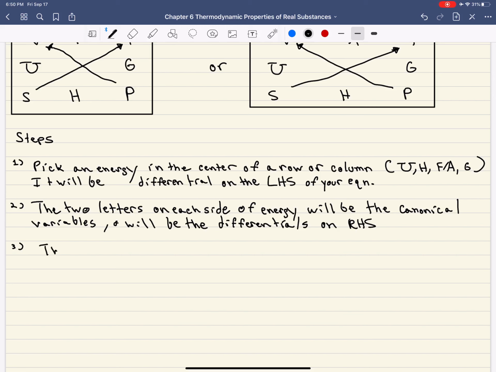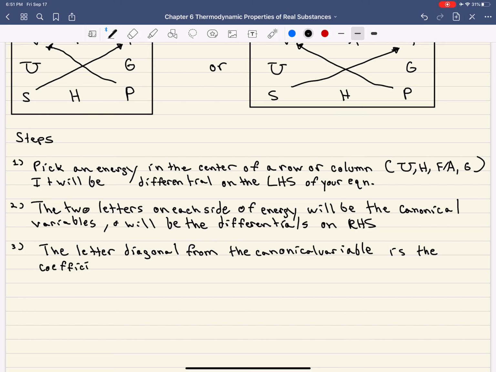Okay, the third step is the letter diagonal from the canonical variable. That's going to be the coefficient multiplied by the differential. So it's the coefficient of the differential.